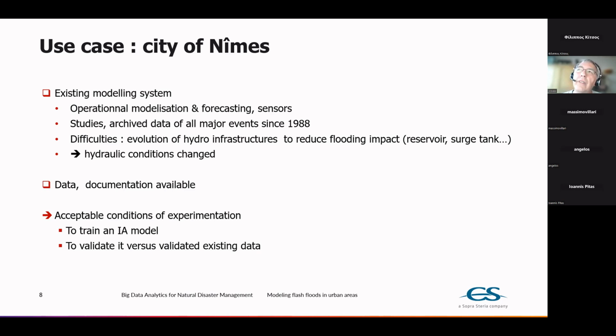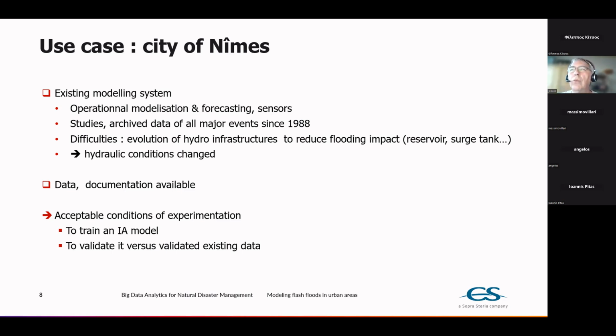One difficulty is that they do a lot of infrastructure work on the sewage and water evacuation, so we have different situations, and we have to be careful about the date of the data we use and what the urbanism state was at that time, because they dig new reservoirs and tanks to evacuate the water.